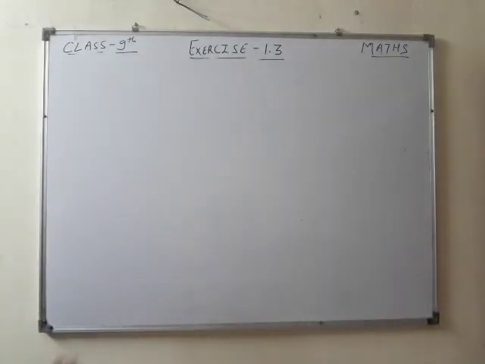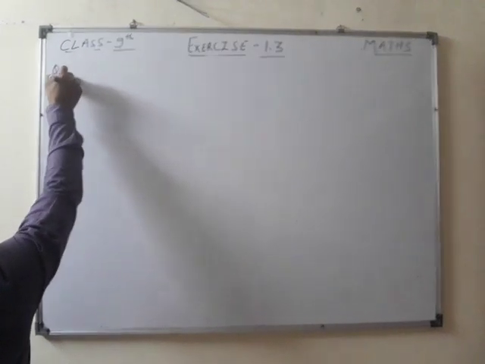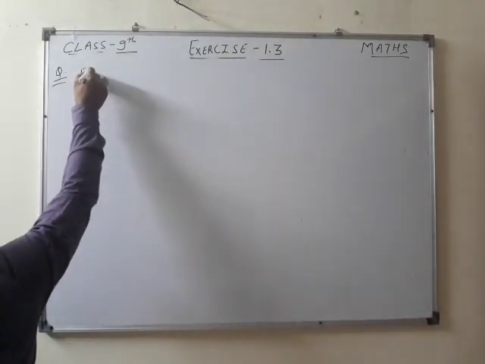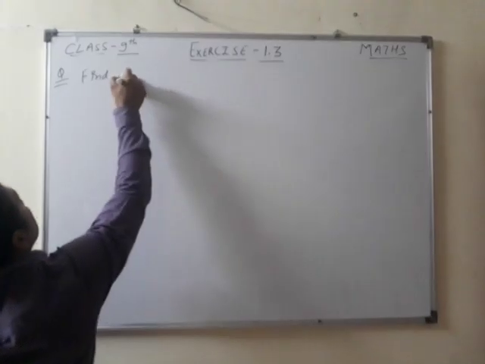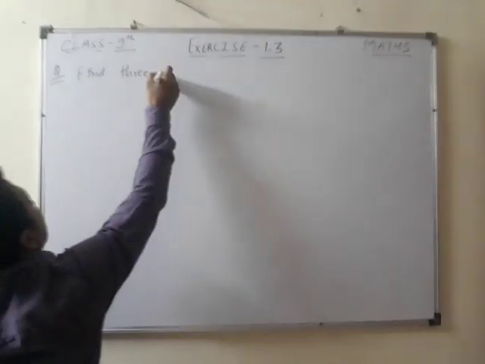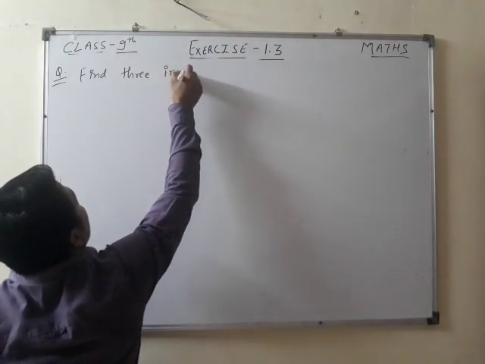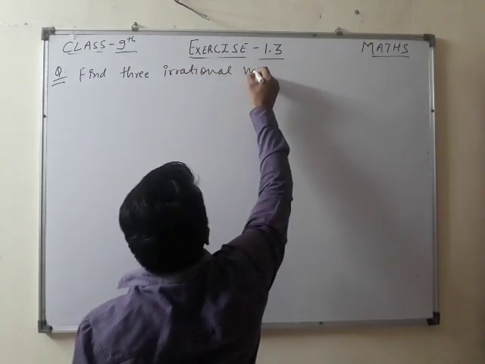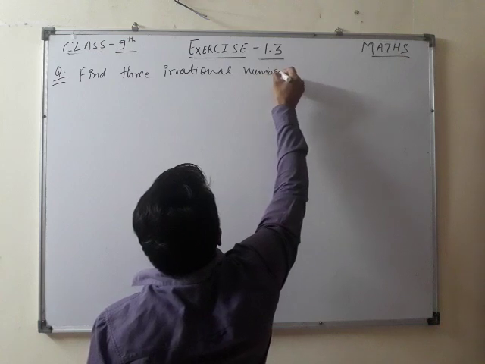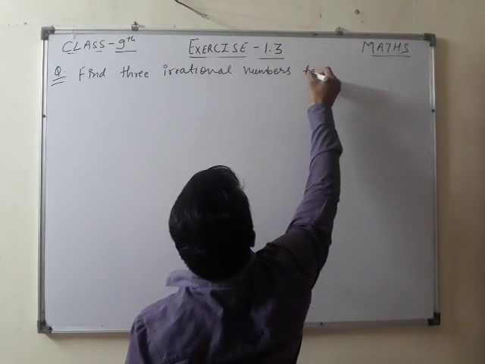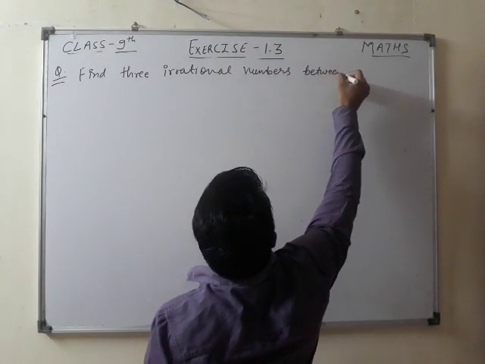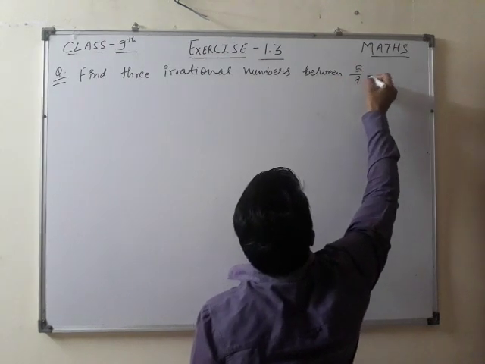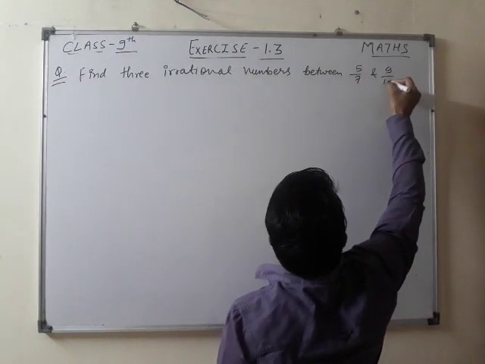The next type of question is: find 3 irrational numbers between 5/7 and 9/11.